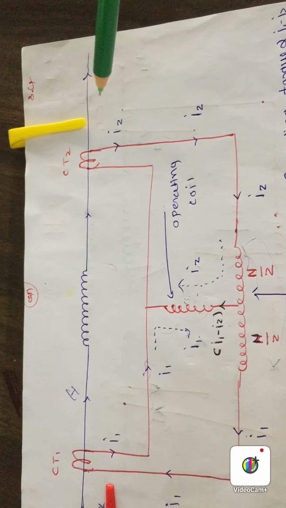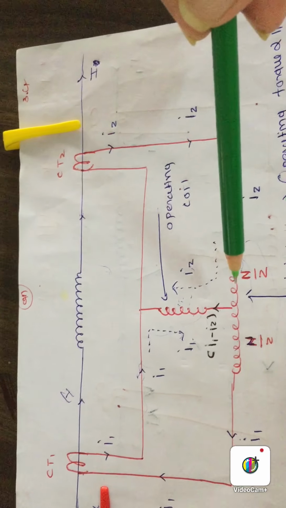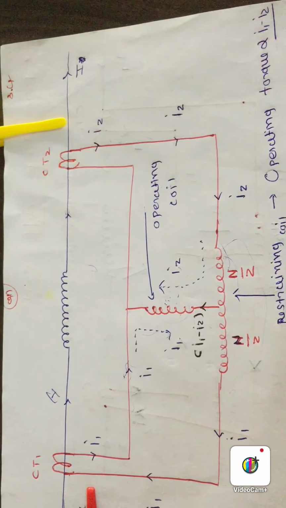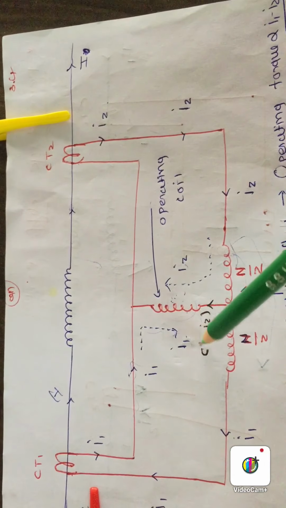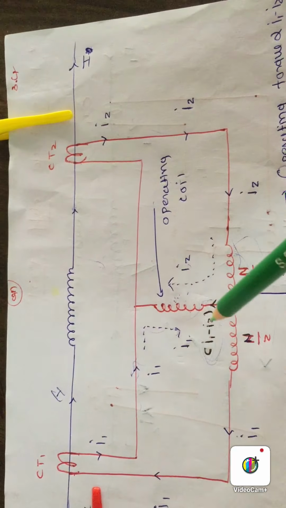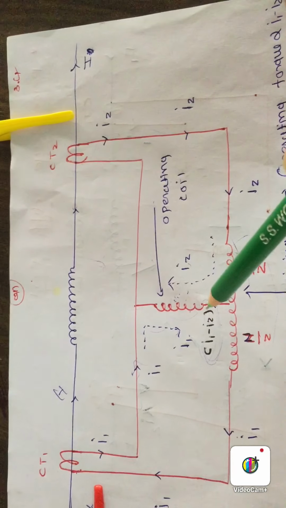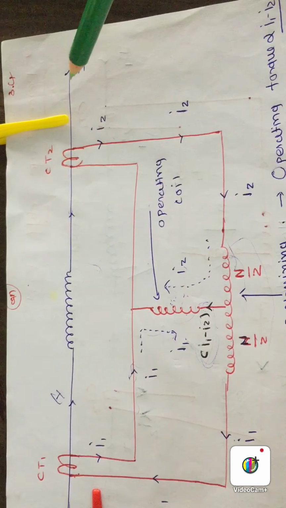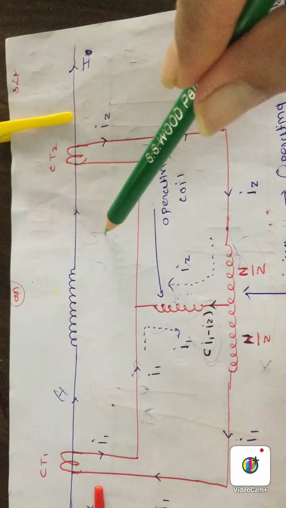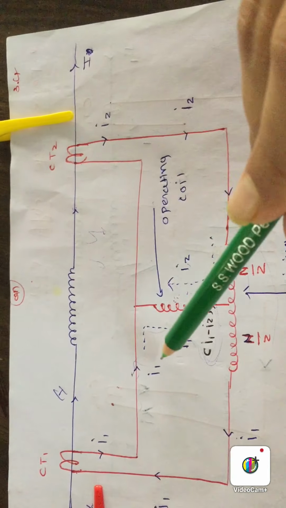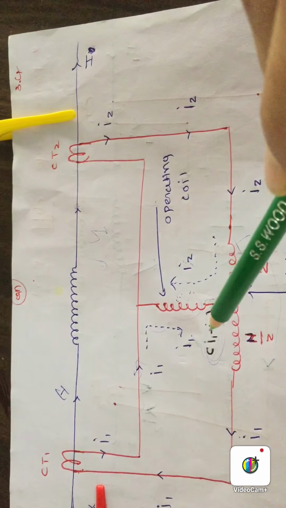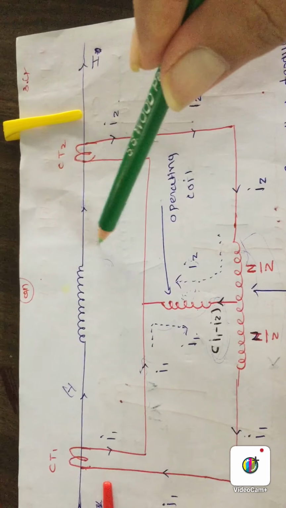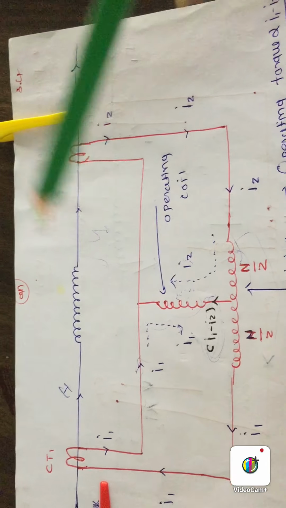Now that must be cured by the percentage differential relay. Here you can see that the working principle is the same. In normal condition both currents have different directions, that's why in normal condition the net current must become 0, and when a fault occurs inside the protected zone, this will change its direction and become I1 plus I2, so net current will flow for an internal fault and this relay will operate.